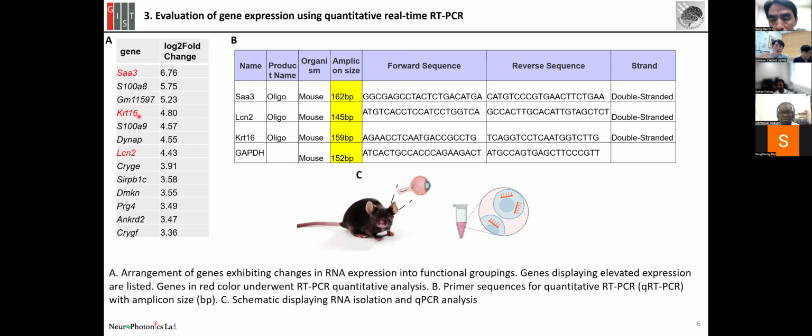If we knock down that specific gene, which may be providing inflammatory pain, would that be interesting? Because then it may lead to not only a model, but also a potential key target for treatment.